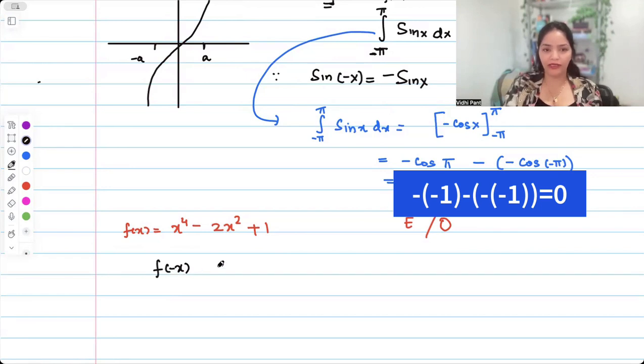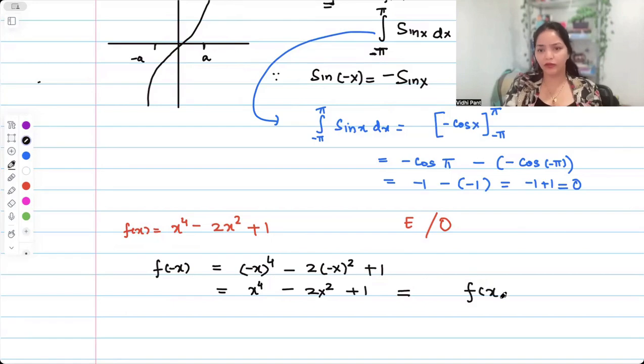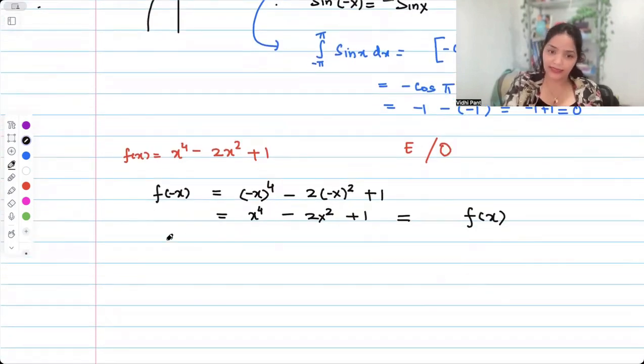So f of minus x will be equal to minus x to the power 4 minus 2 times minus x to the power 2 plus 1. And this will be x to the power 4 minus 2x to the power 2 plus 1, which in fact is the original function f(x). So yes, this is an even function.